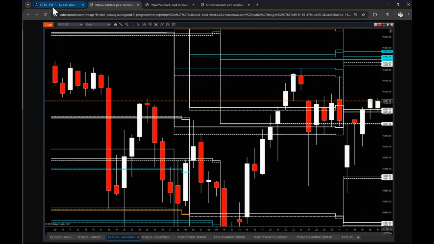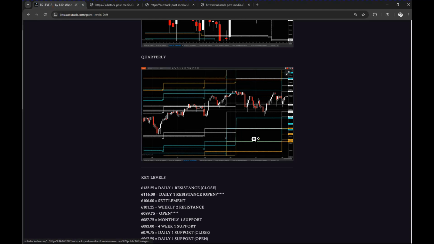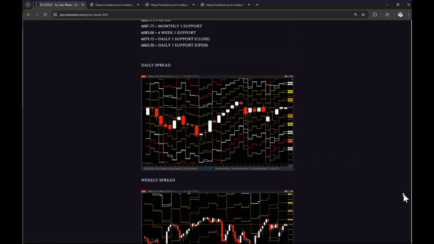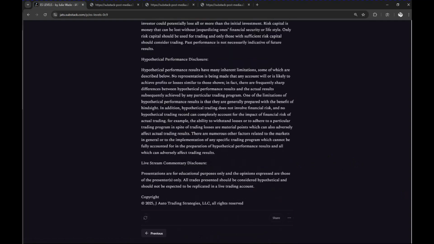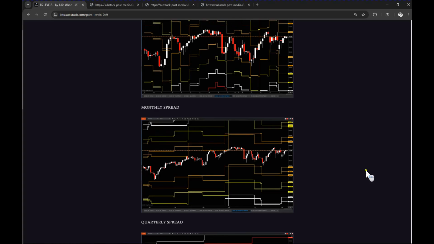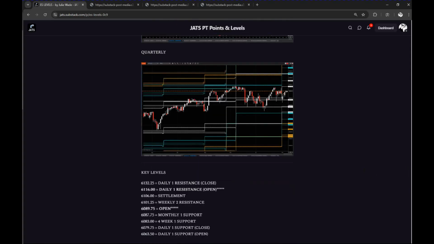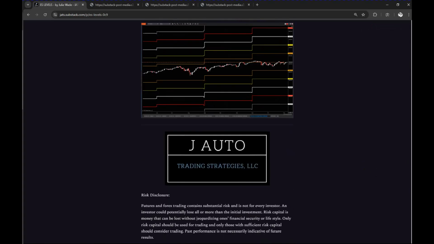And here's the quarterly. Key levels. Right there. And then some spreads.